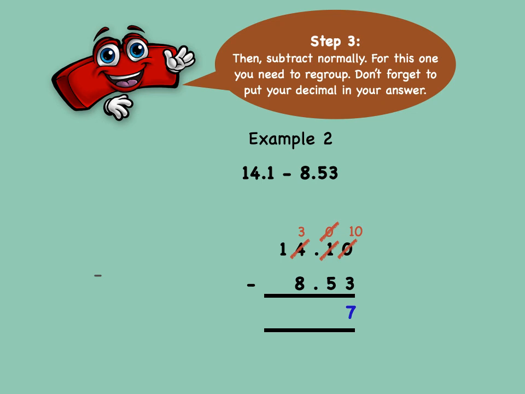And that will become 3. And your tenths will become 10 tenths. Minus 5 tenths becomes 5. Okay? 3 ones minus 8. Again, we cannot do that. So we just regroup. Take from the tenths. Become 0. This becomes 13 ones minus 8 ones. That will be 5. And lastly, don't forget to, yes, put your decimal.